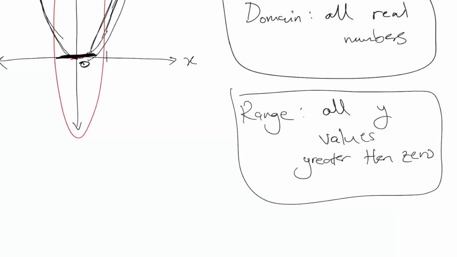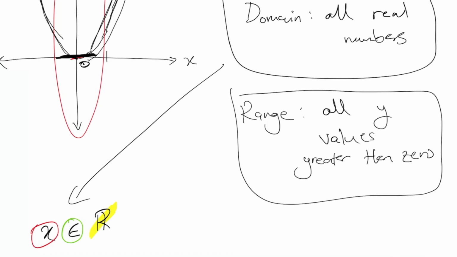What's a more mathematical way to write all this? Well, for the domain, we could say x belongs to the real numbers. This symbol here is belongs. This symbol here is the set of real numbers. And x is just saying, for any x value that belongs to the real numbers, the function would exist. And so this is the domain.